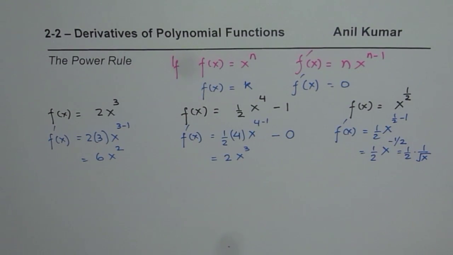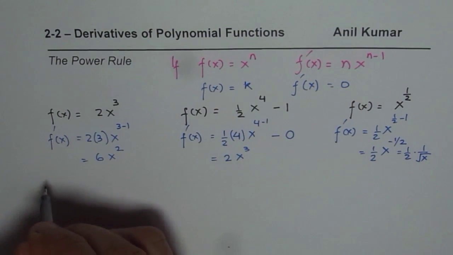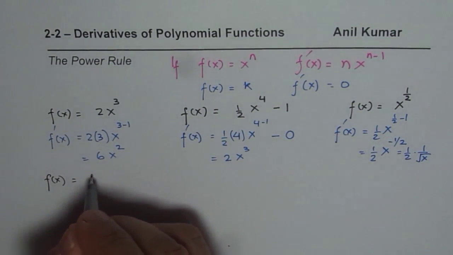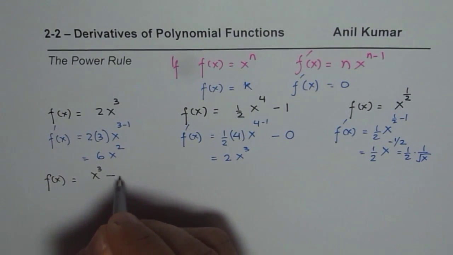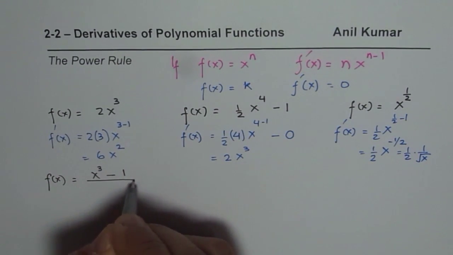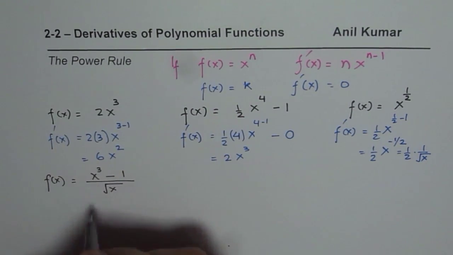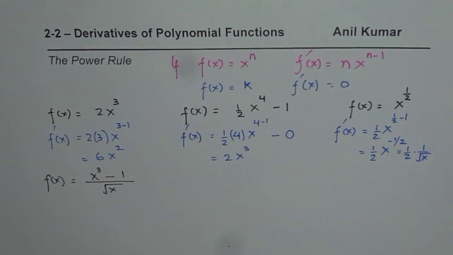Now at times these questions could be tricky, and let me give you some of those questions now. So we could have a function f of x equals x to the power of 3 minus 1 over square root of x. That looks like a very complicated function. Now figure out how you are going to apply the power rule to solve this.